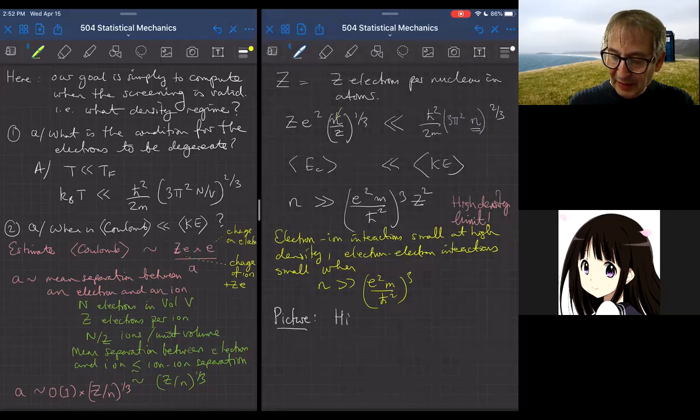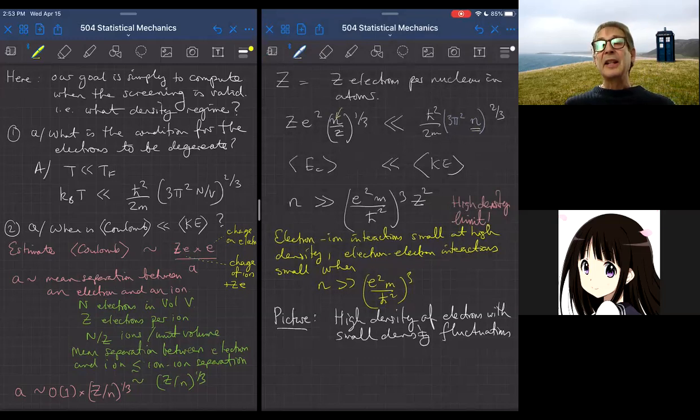You have a high density of electrons with small density fluctuations. And so this picture is a picture of an interacting electron gas with high density and small fluctuations.